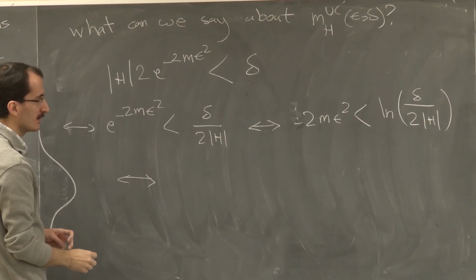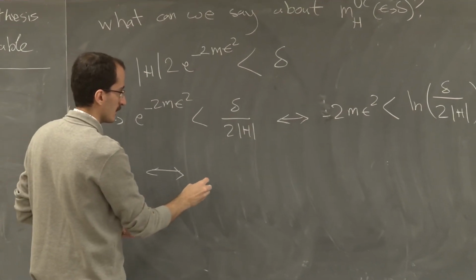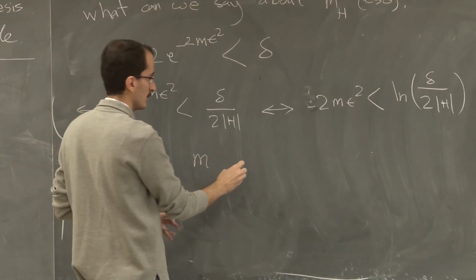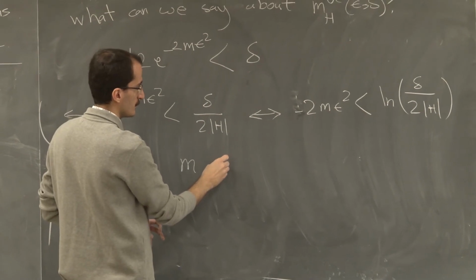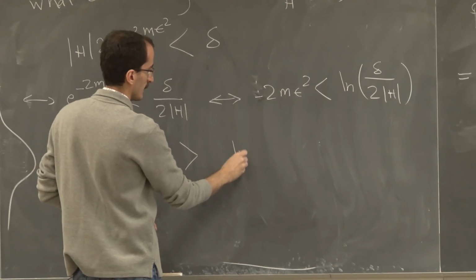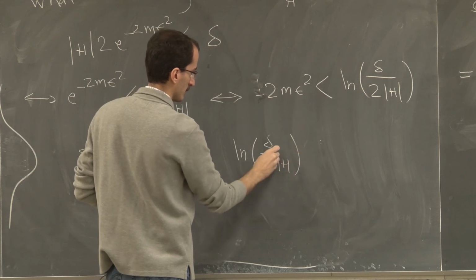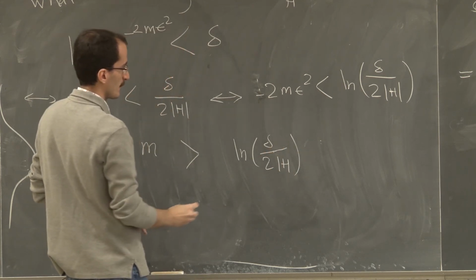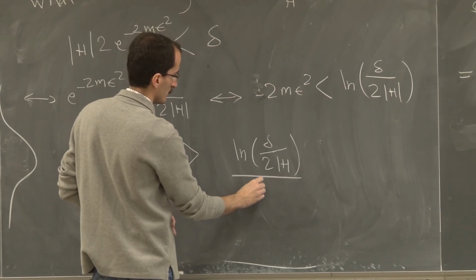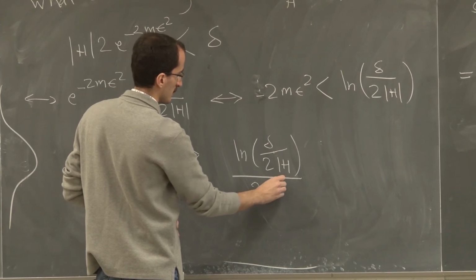Next step, because it's negative, it will reverse the inequality, and so m should be larger than ln of delta over 2h over minus 2 epsilon squared.